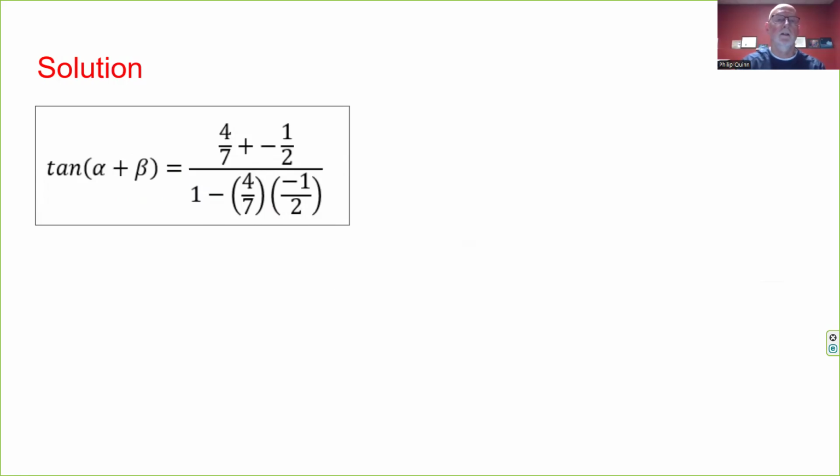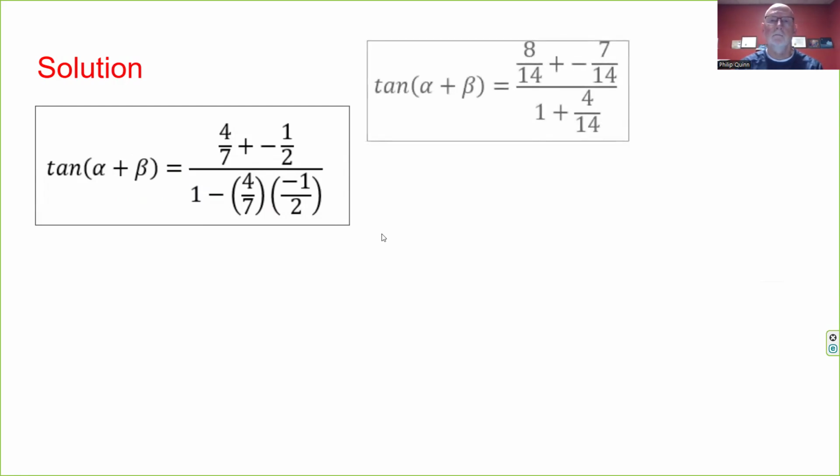So 4/7 plus -1/2, we're adding fractions. We need a common denominator. At the bottom, we will have 1 minus, but we have to multiply first. 4/7 times -1/2. We don't need a common denominator there. But what does this look like as we go to the end?